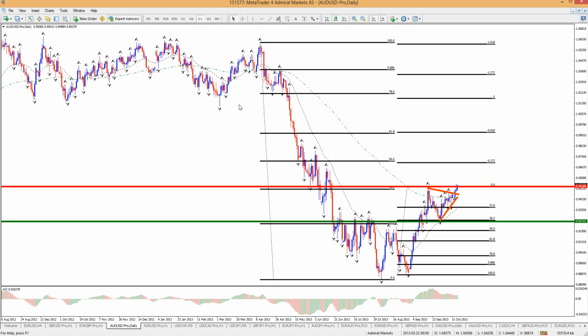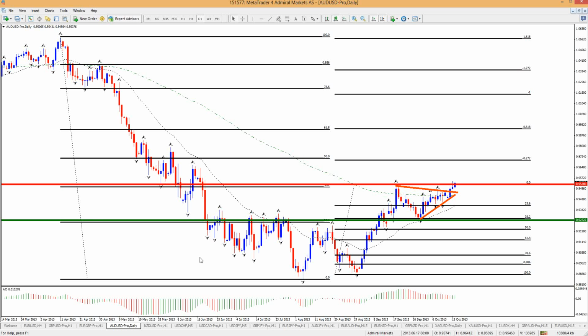What do you think is the trend on the aussie dollar right now, right here on this daily chart? Is it up, down, or do you think it's a range? Is there no trend? That's also, of course, one of the options.